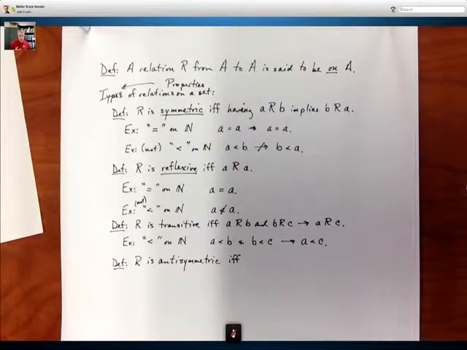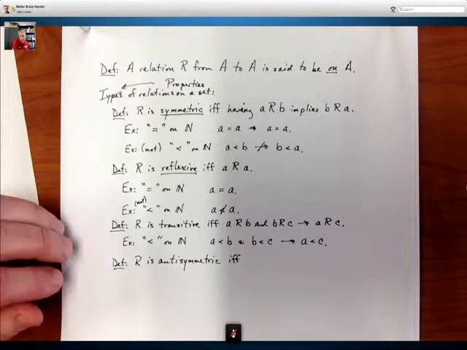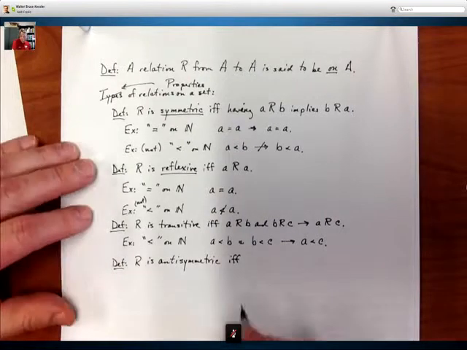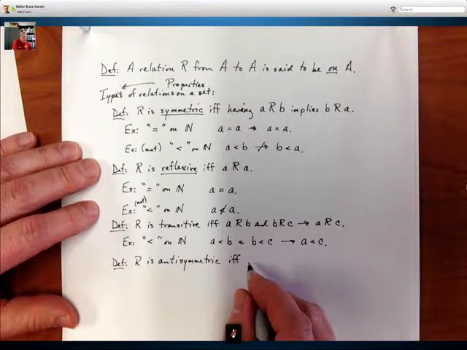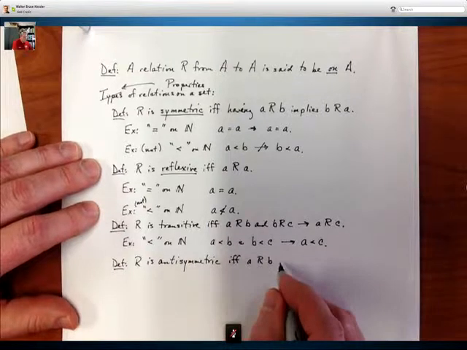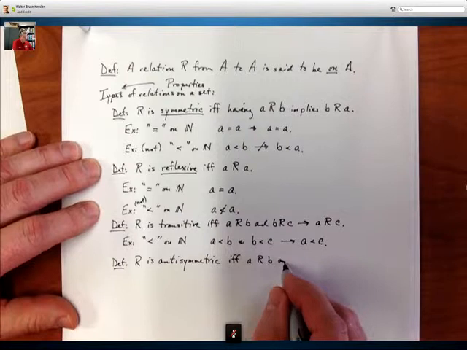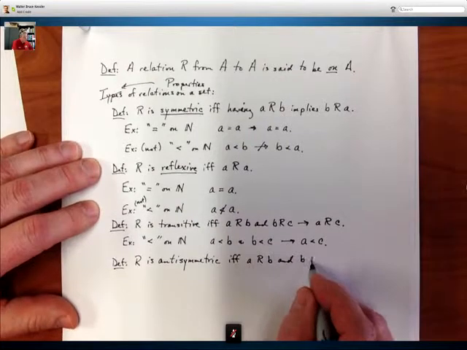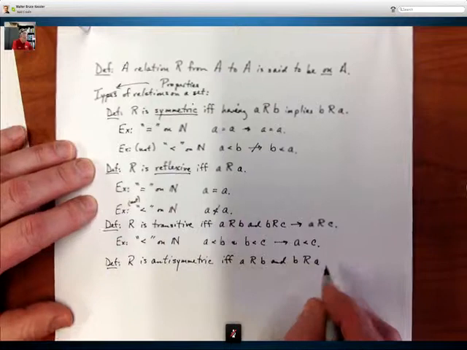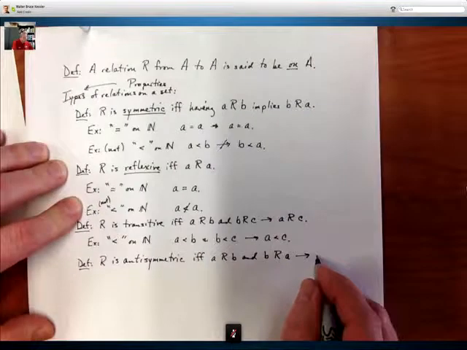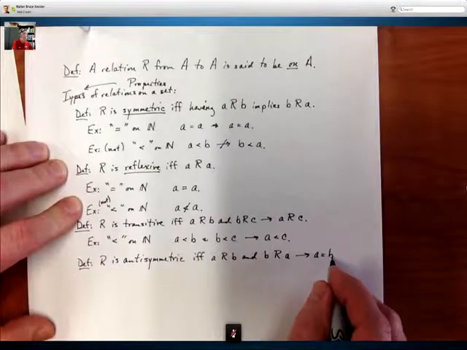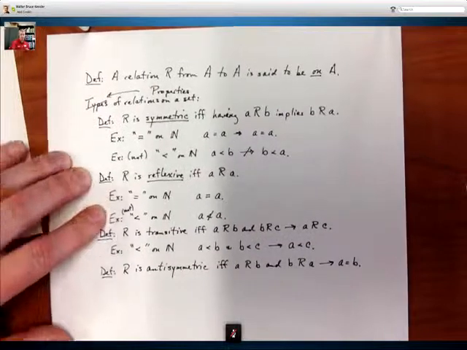This doesn't mean that it's not symmetric. It means something completely different. It means that if we have A related to B and B related to A, then that implies that A and B are the same element.